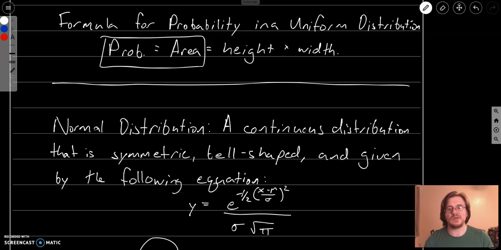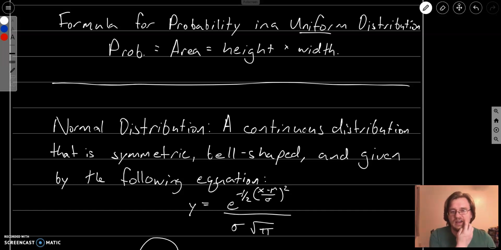Specifically, when we have a uniform distribution, the area is easy to calculate because it's just the area of rectangles, which is the height times the width, or I've been calling this length instead of width. So uniform distributions are pretty easy.